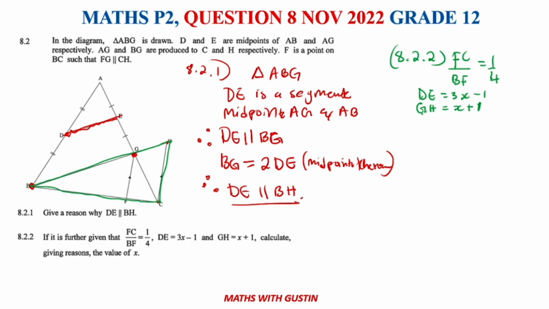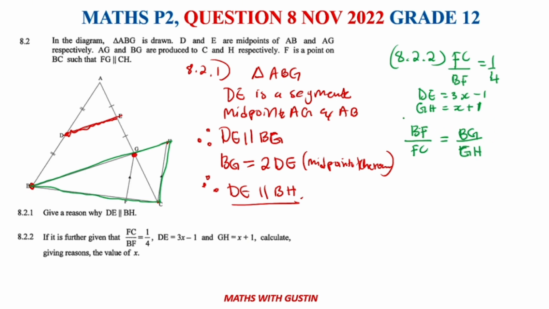So the ratio there is going to be BF all over FC is equal to BG all over GH.